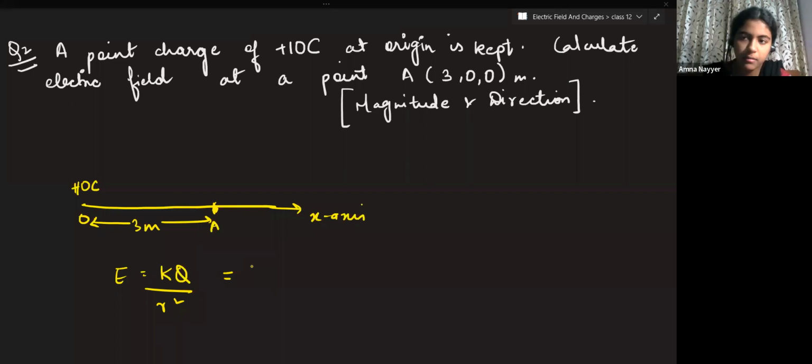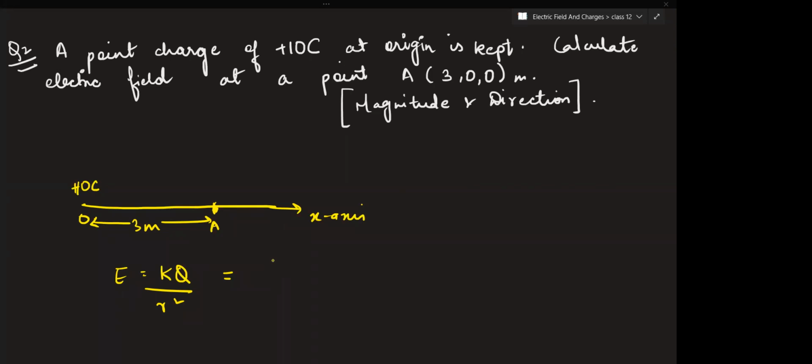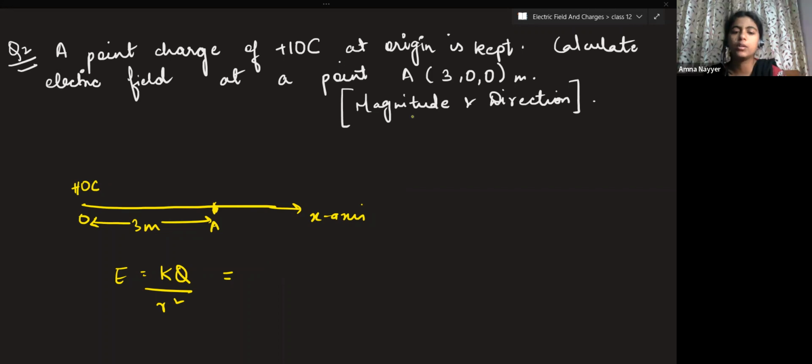Yes, positive plus 10. Okay, Memuna, what is the value of small r that we have? Three meter. Right. So we have all the values with us.